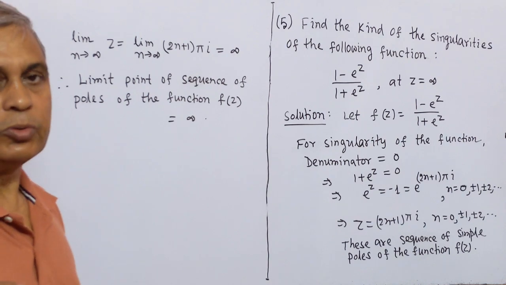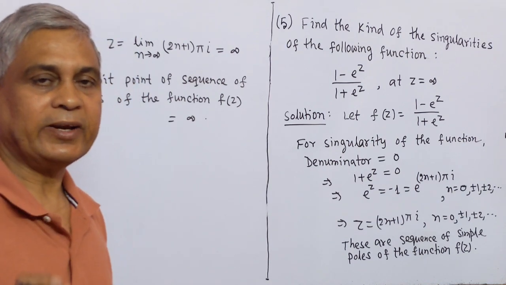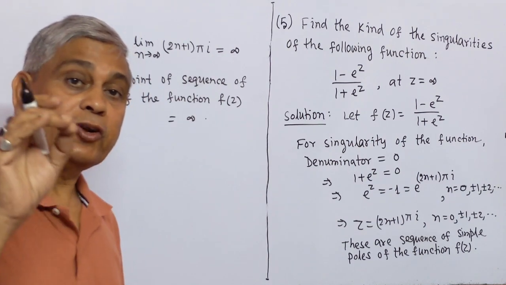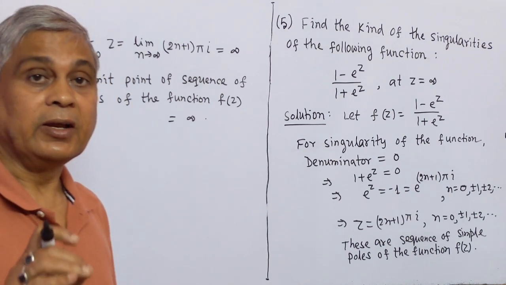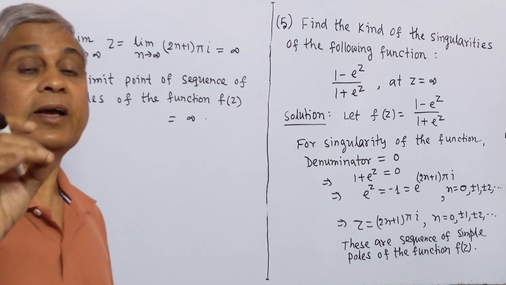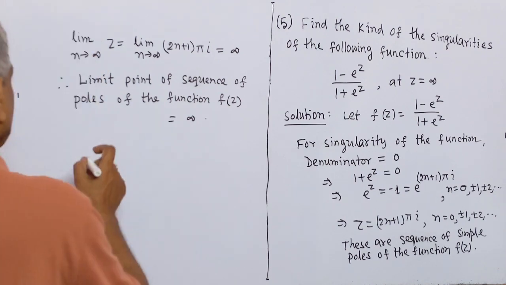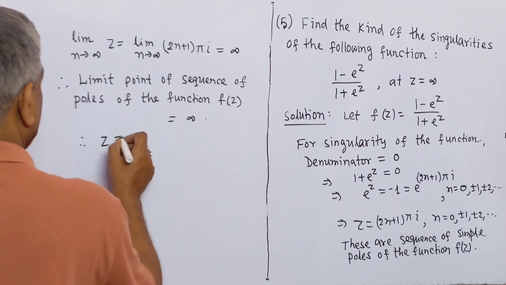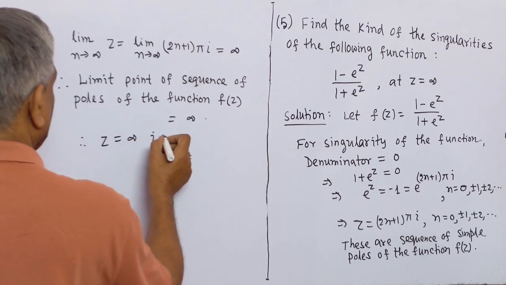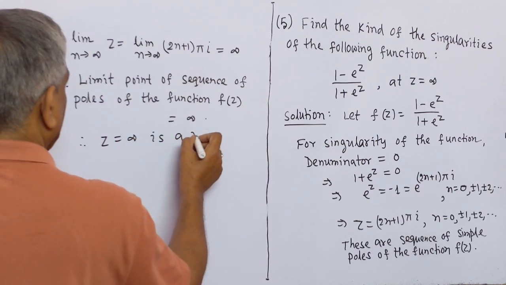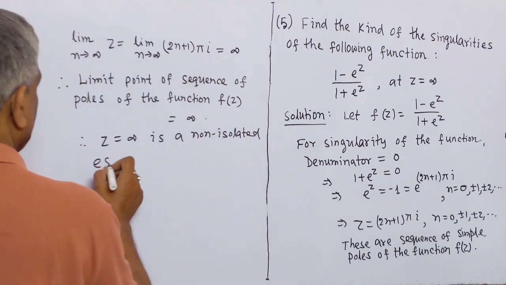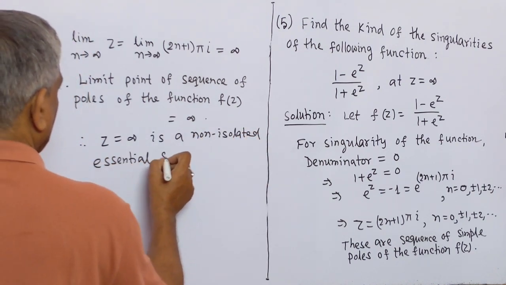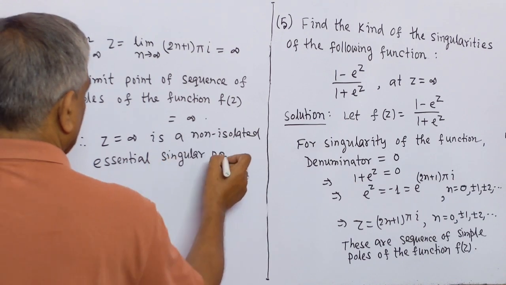From concept 2, statement 2, we know that the limit point of a sequence of poles is a non-isolated essential singular point. Therefore, z equal to infinity is a non-isolated essential singular point.